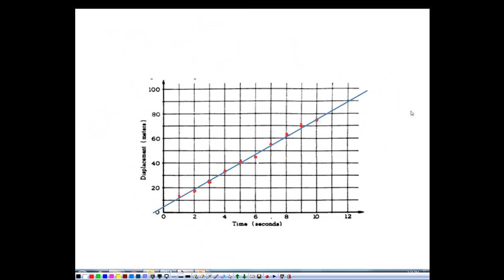So, here's a best fit line for our data. Now, I want you to notice this right here.